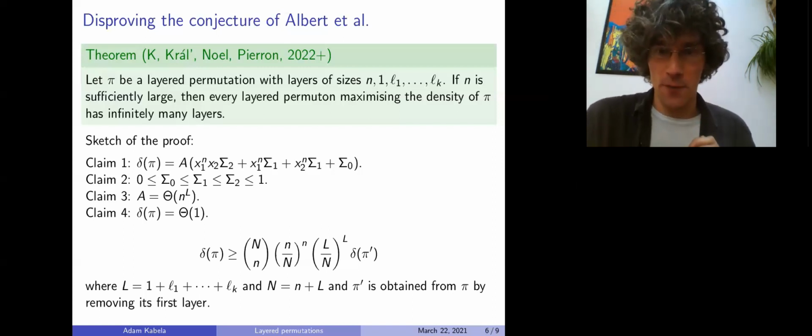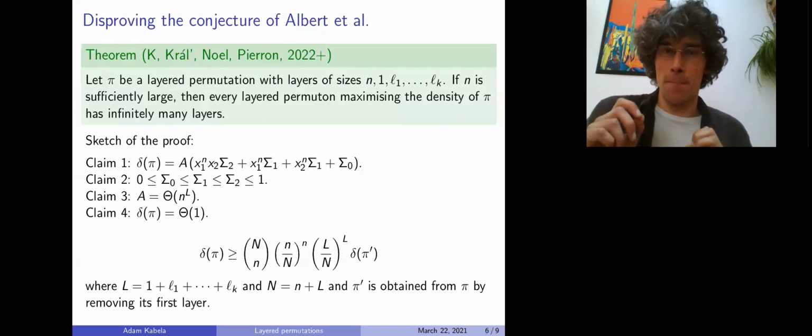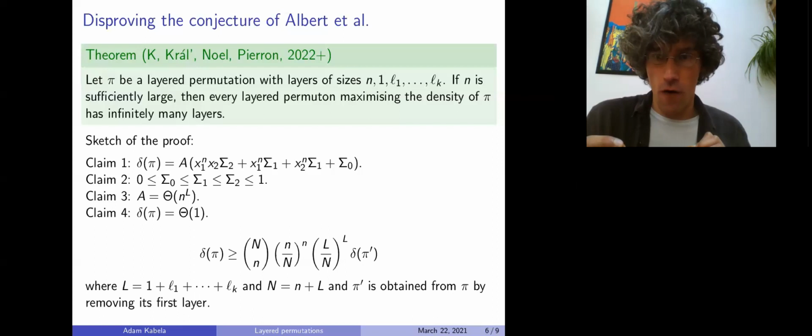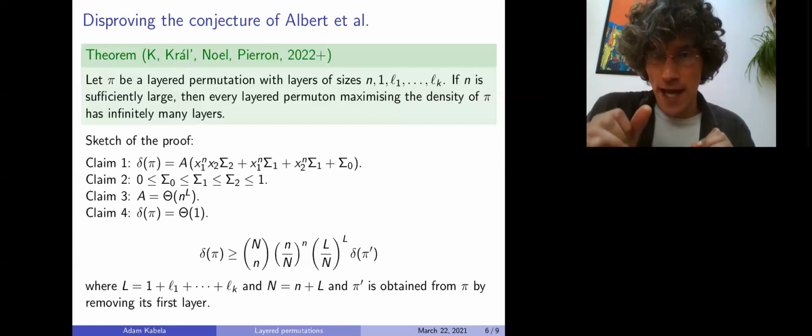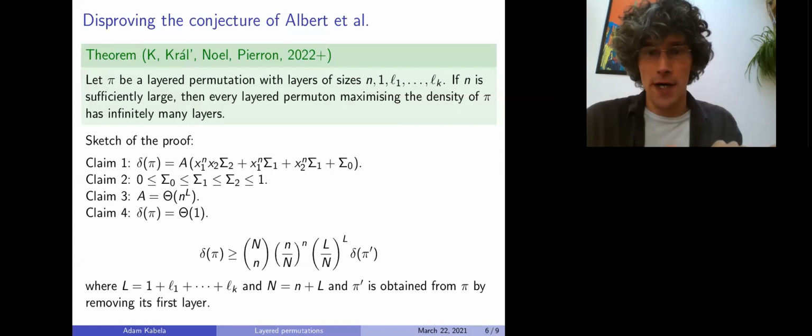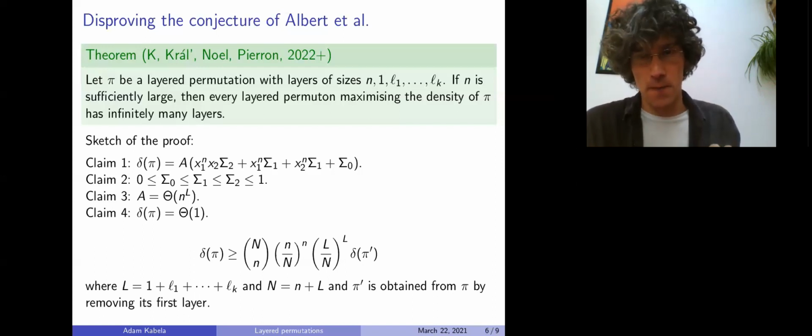We think of a permuton, of a layered permuton, maximizing the density of pi prime, and we extend this permuton by adding a long layer at the very start and rescaling.